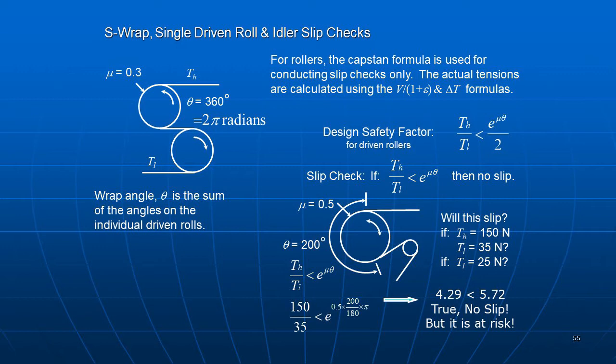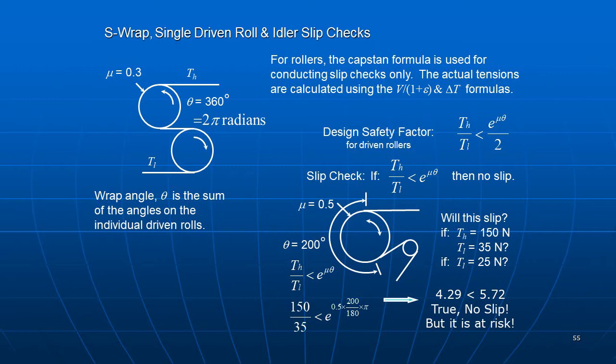However, if our low tension dropped to 25 newtons, our tension ratio, TH over TL, would be 6 to 1. And a 6 to 1 tension ratio with an e to the mu theta value of 5.72 would slip. So with 35 newtons, it's not slipping, but it is right on the edge of failure.